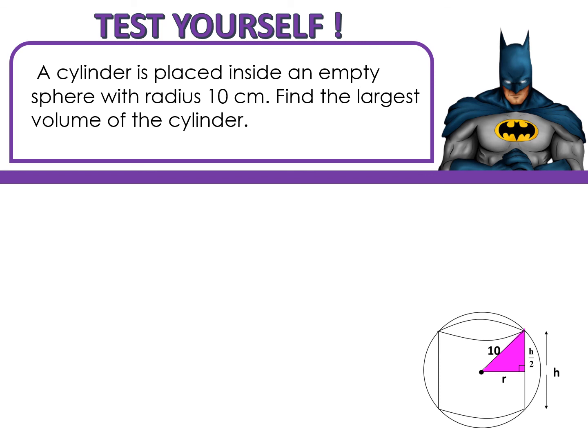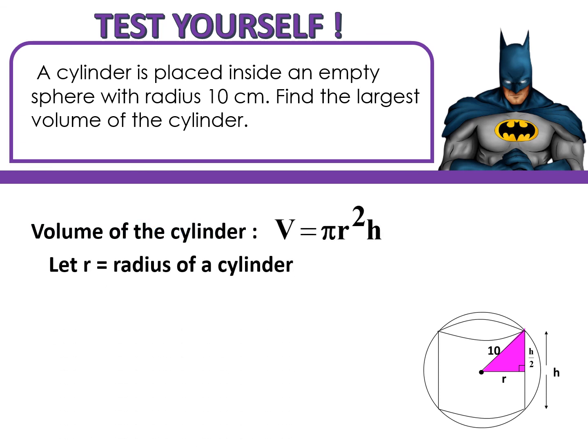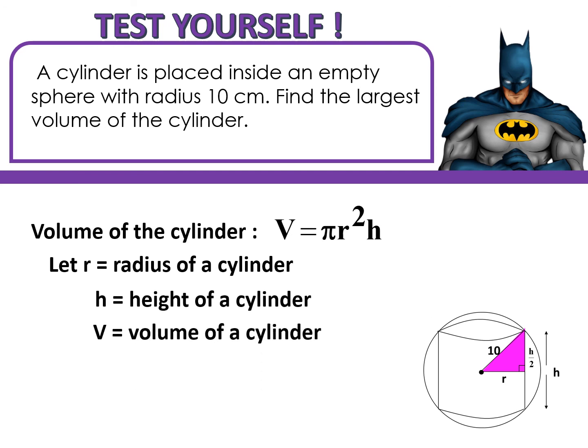Then the height is h, so cut into half, we will have h over 2. And r is the radius of the cylinder. Let r be the radius of the cylinder, h the height of the cylinder, and V the volume of the cylinder.